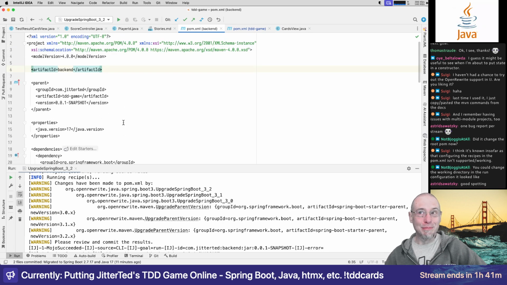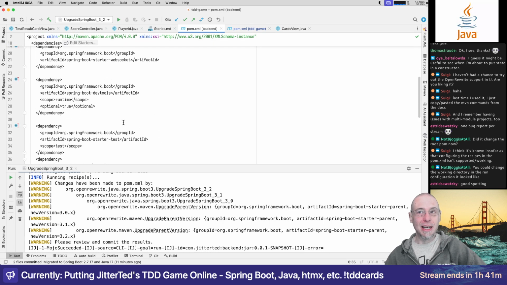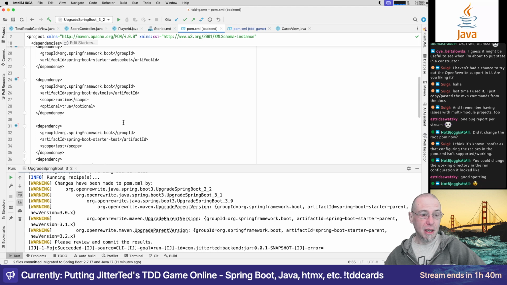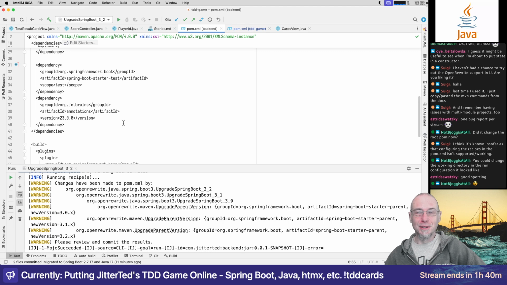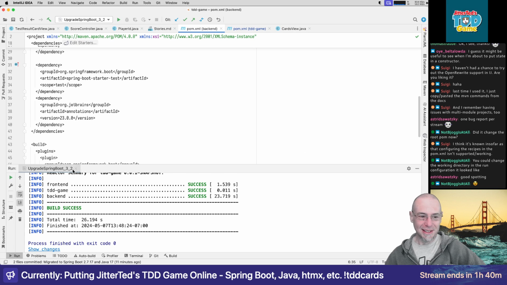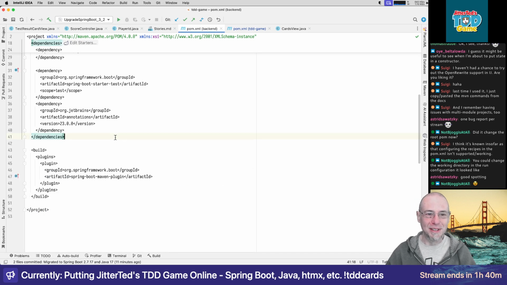Honestly, there aren't a lot of dependencies in here, so it's unsurprising that not much has changed. There's no persistence, there's no security, there's hardly anything at all. So it's unsurprising that this went as smooth as it did. Let's go run our tests.